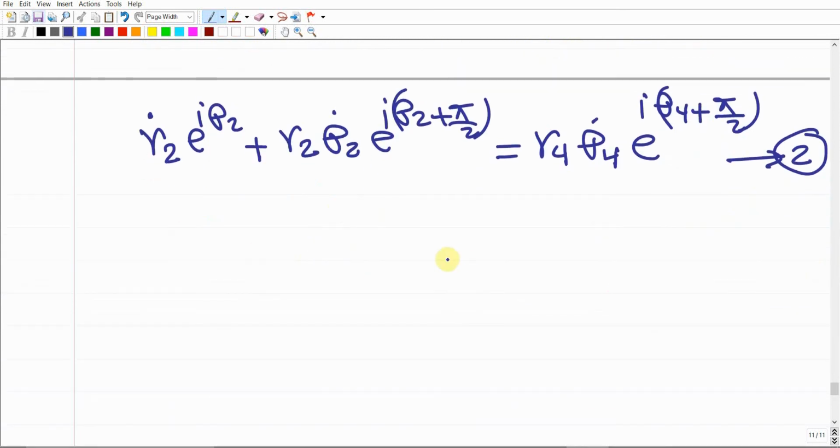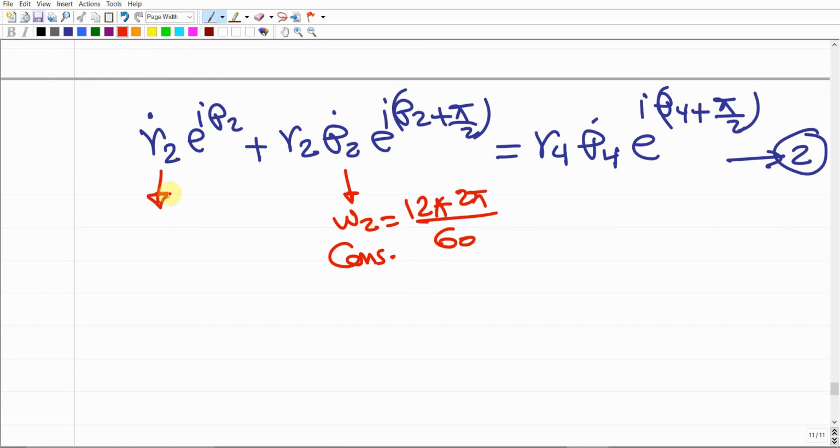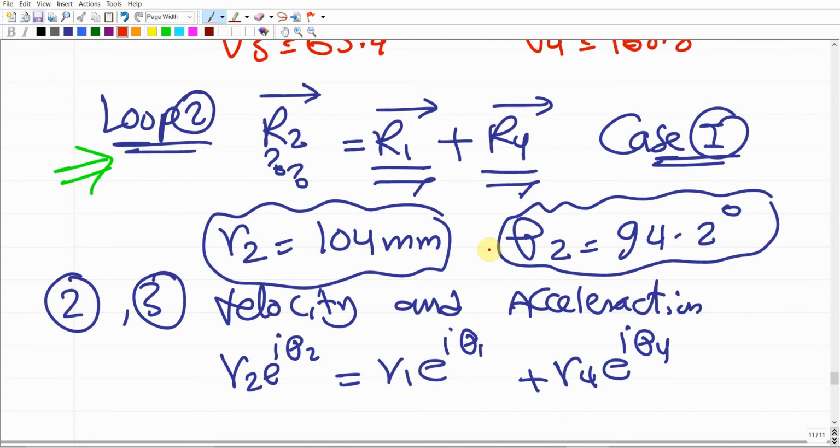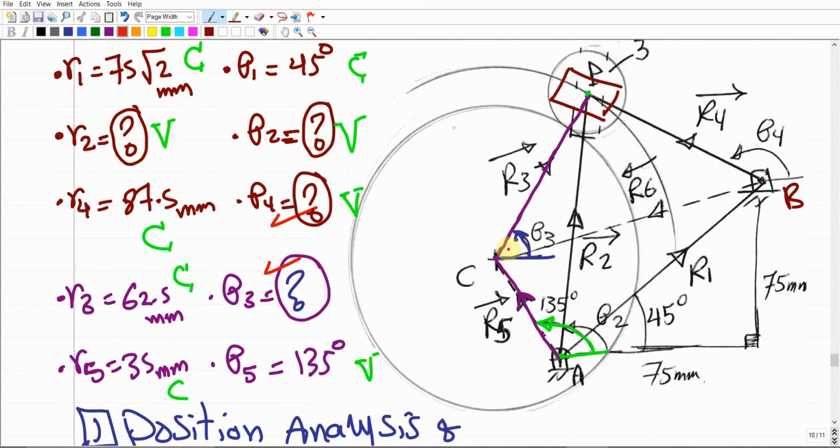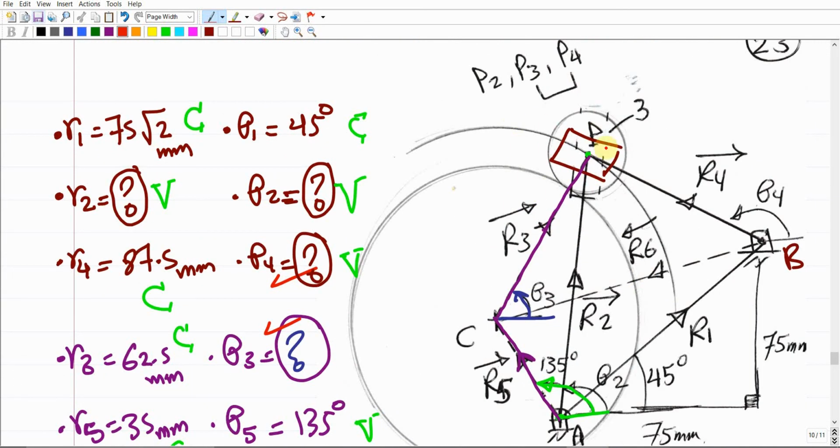And then we're going to split it into real and imaginary parts. You should understand that omega 2 is already given. Omega 2 is already given constant by 12 times 2 pi over 60 to convert to radian per second, as we did above. R2 dot should be like the virtual sliding velocity of the slider, because there should be a slider up here, right? So this slider is going to slide in the vertical direction that is parallel to the R2, right?